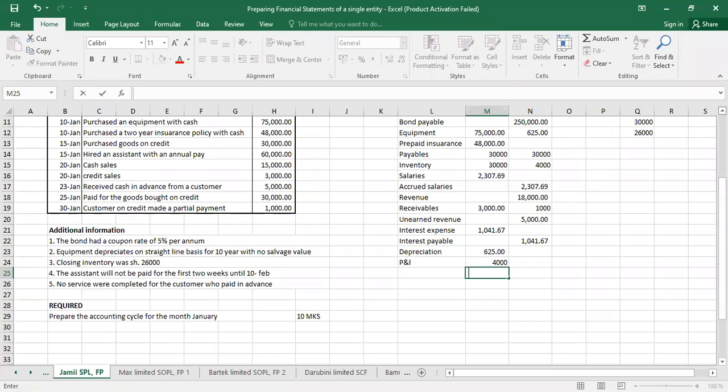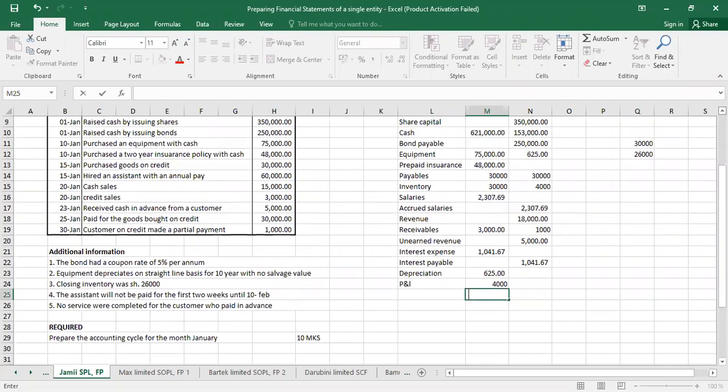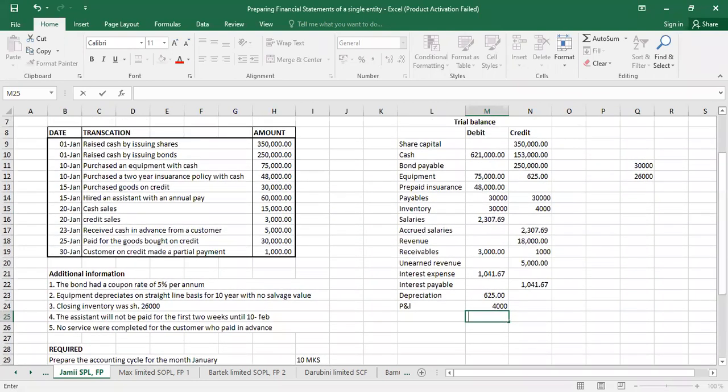But there's something we are missing. We also have the prepaid insurance. Remember, we have already taken 1 month, but we had prepaid for 2 months, so we must remove the prepaid for that month.